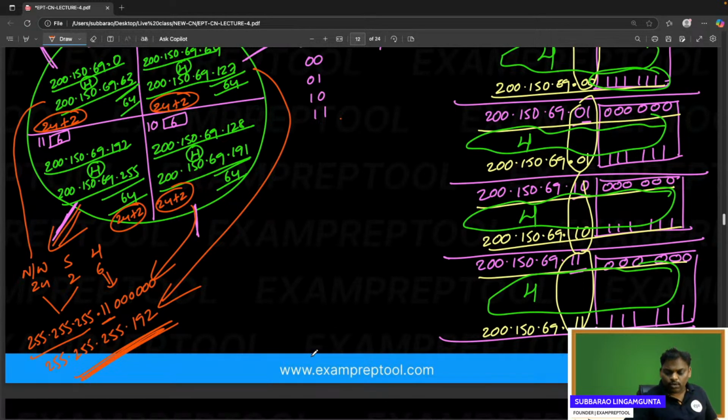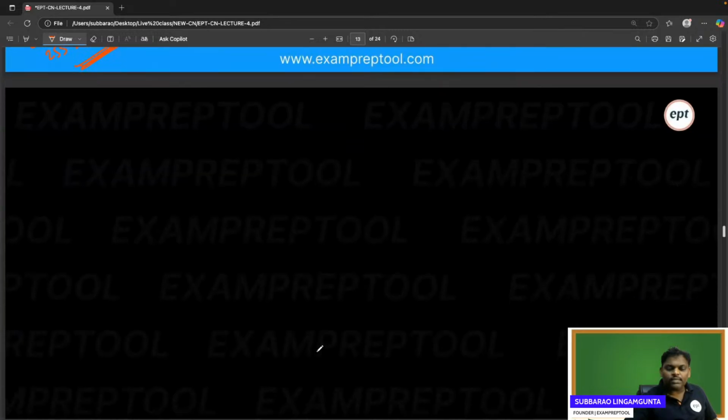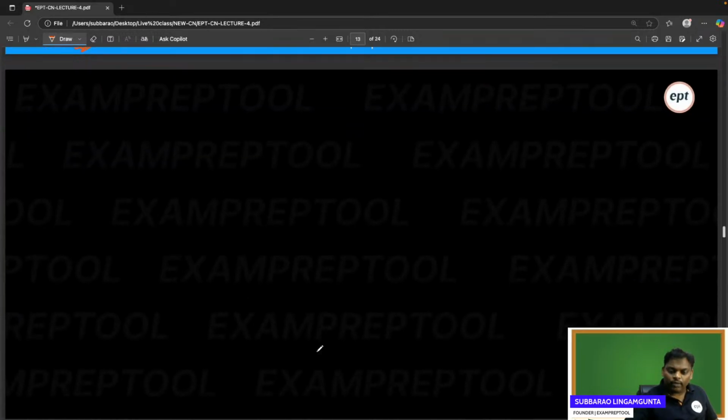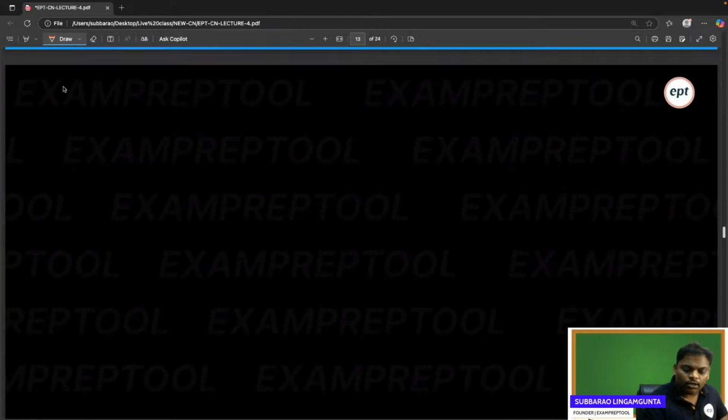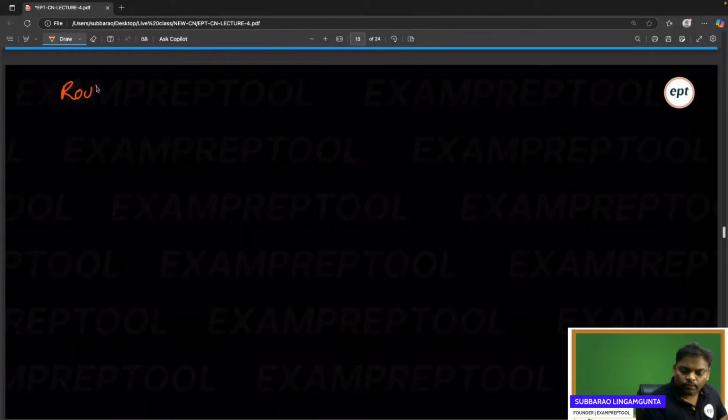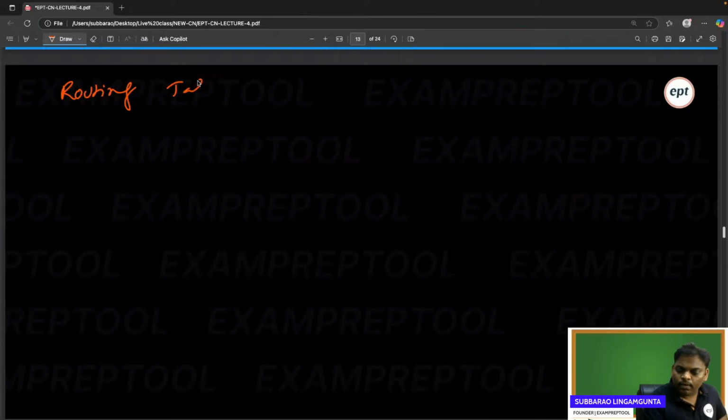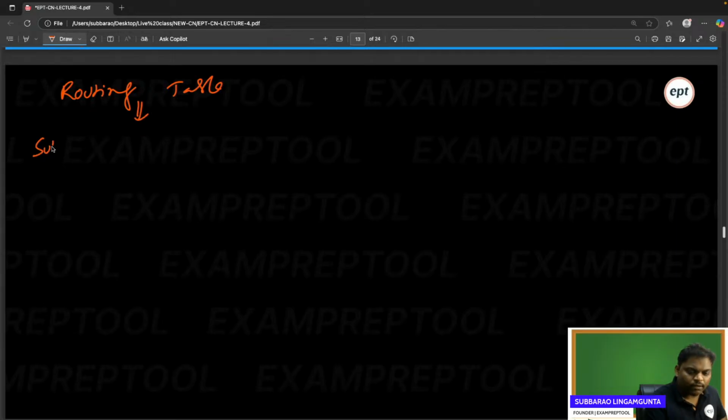Now observe what is happening. Everyone listen. Now I am constructing the routing table. Can you observe clearly what is happening? It is a subnet ID. It is a subnet mask.